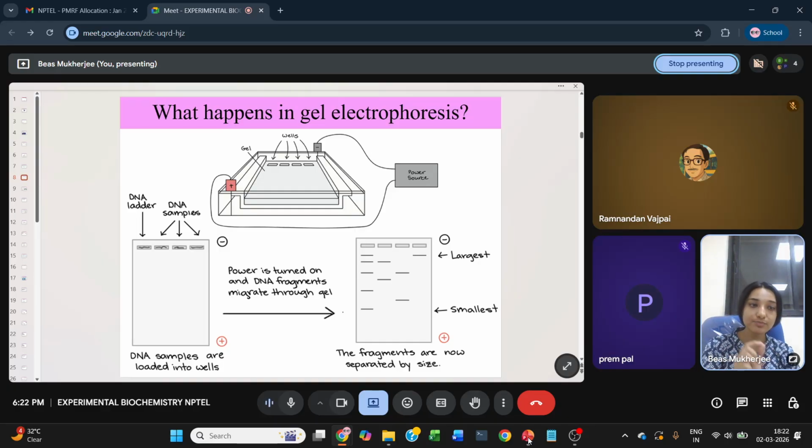A DNA ladder is put to see the corresponding position of the DNA, and corresponding to that we have the ladder and the molecular weights, and we can say that this particular DNA corresponds to this molecular weight. Another thing comes in, that is the shape of the DNA. We will look at that in detail, that even if the mass of two DNAs is exactly the same, they can run differently depending upon the shape. That is called its topology. We'll talk about that in the upcoming slides.